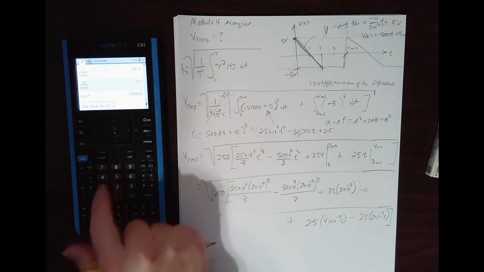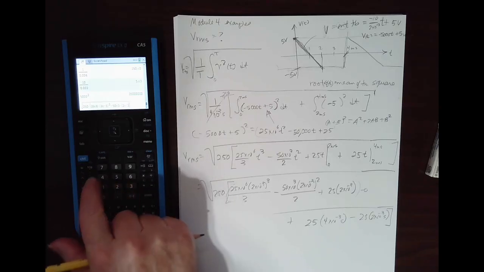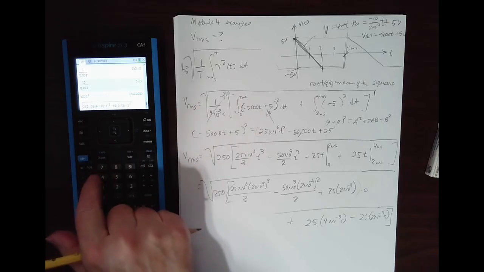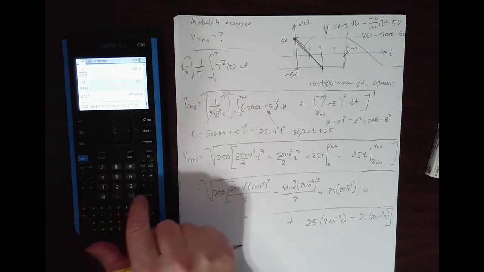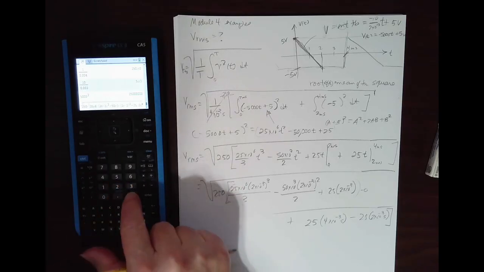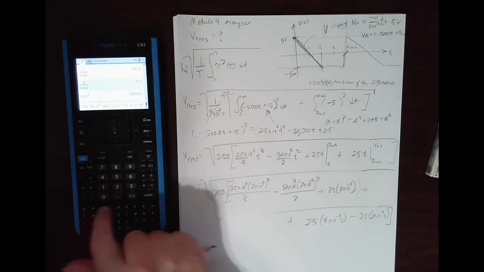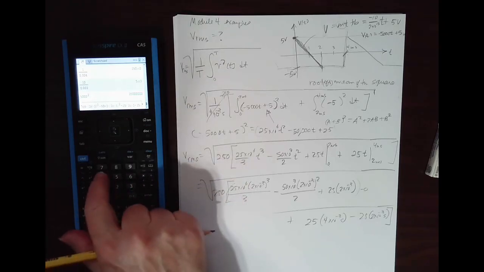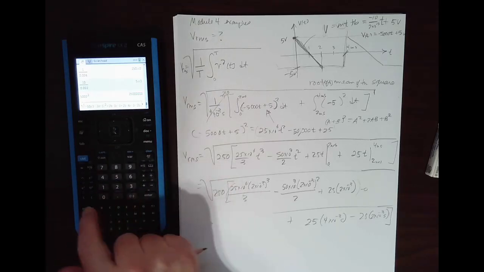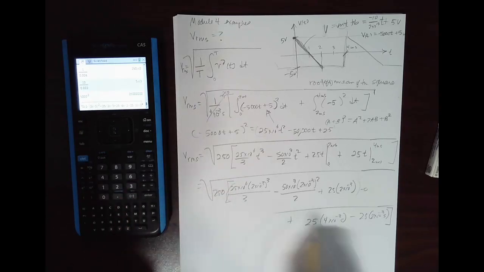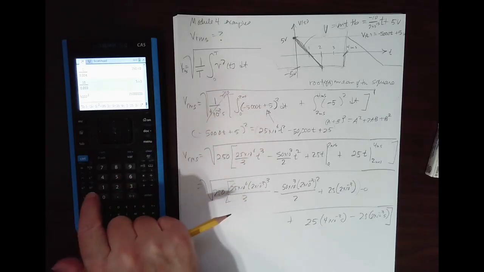Minus 50e3 times 2e negative 3 squared. And then plus 25 times 2e negative 3. That's all that. And then we get plus 25 times 4e negative 3 minus 25 times 2e negative 3. Closing off that last parenthesis.